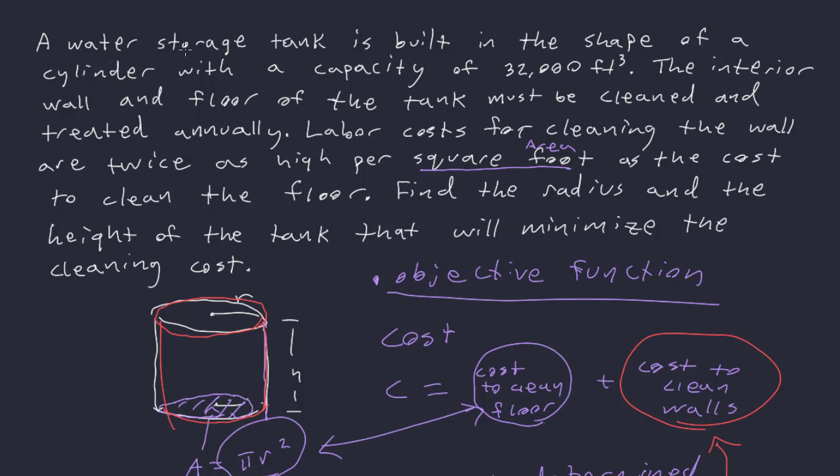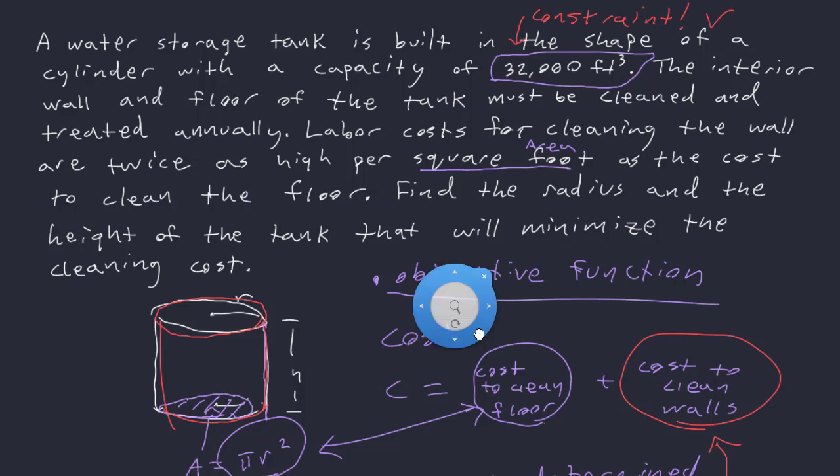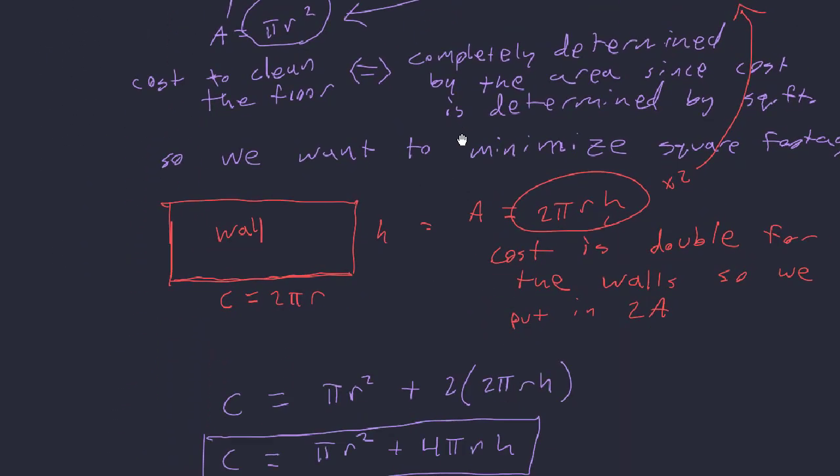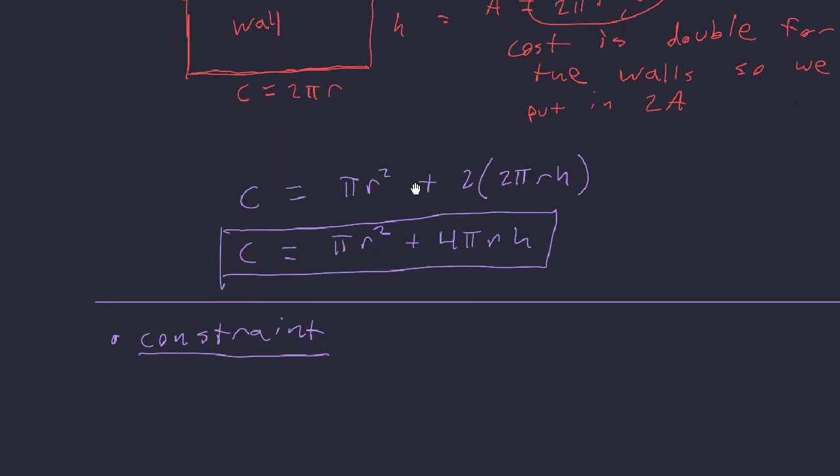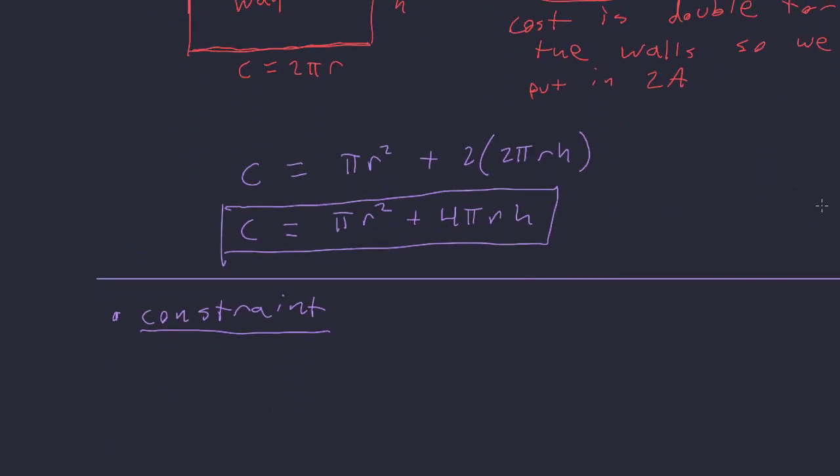We need to build a storage tank with a capacity of 32,000 cubic feet. This is the volume, and that's the constraint. The volume for a cylinder is just a circle that we add a height to, so its volume is the area of the circle times the height.